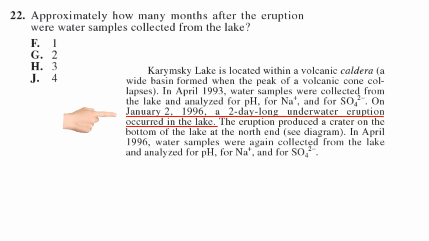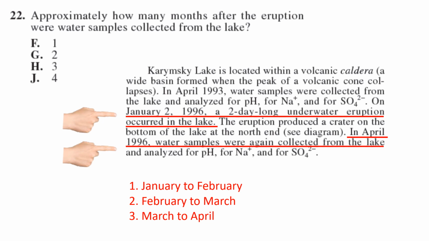So it tells us in the reading, on January 2nd, 1996, a 2-day-long underwater eruption occurred, and in April, water samples were collected. So we have January to February, February to March, March to April, so that's 3 months, H.